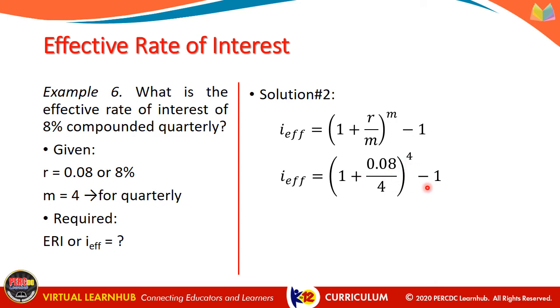Just press this in your calculators and you should be able to get 0.0824 or 8.24%. Okay, 8% compounded quarterly has an effective rate of interest equal to 8.24%.